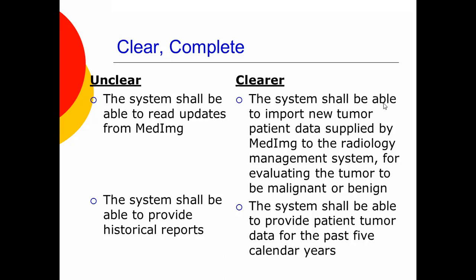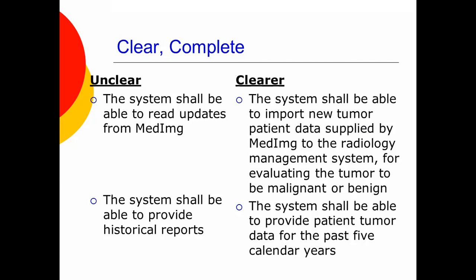The system shall be able to import new tumor patient data supplied by. Here we are having the interface with the machine, and we are scanning the patient. Then how will we retrieve the data from there?